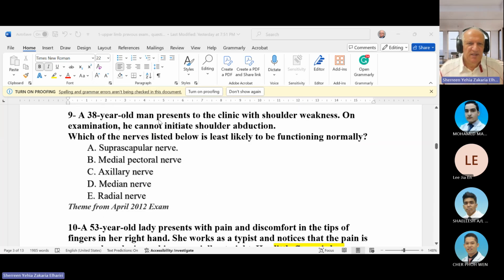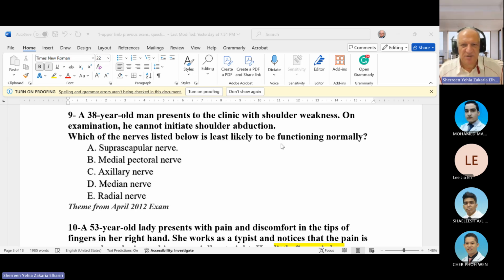After that, we come back again. A 38-year-old man presented to clinic with shoulder weakness. On examination, he can't initiate shoulder abduction. And again, as we mentioned before, initiation of abduction is by the supraspinatus muscle. But here he asked about the nerve supply of it, which nerve listed below is least likely to function normally.